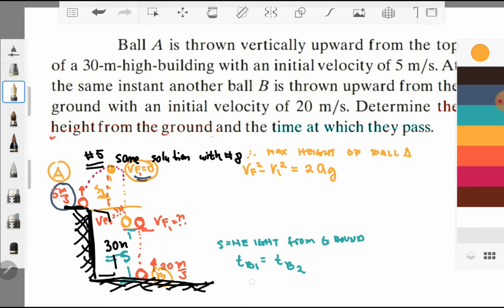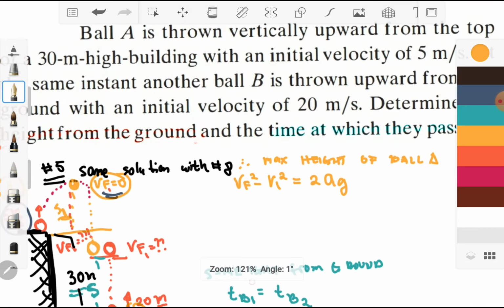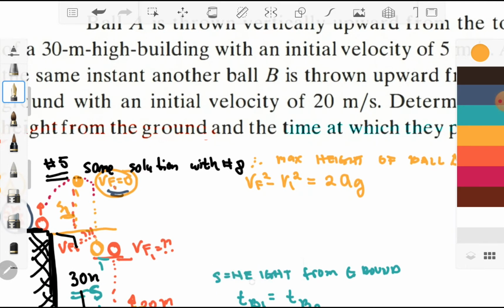Okay? So since we are against the gravity, so negative yan, and our VF1 will be equal to 0 because it will reach its maximum value of height. So 0, so we have negative VI, which is equal to 5 squared, right? Meter squared per second squared, which is equal to our 2. The acceleration of our gravity multiplied by its S1. Okay?